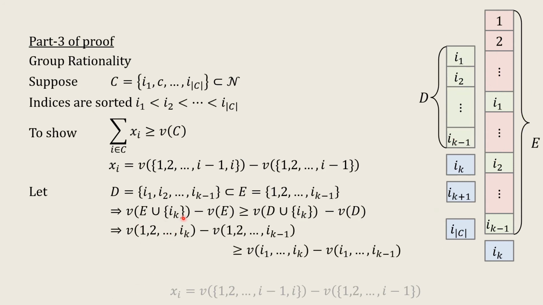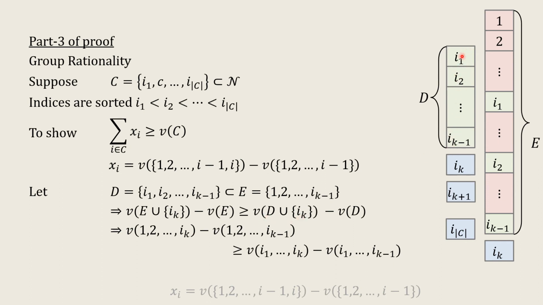Replacing I with I sub k, I have this expression right here. Now, on the left-hand side of this inequality, I have V of E union ik. E union ik contains all of these agents, including the blue one, ik here, minus V of 1 through k minus 1, that's value of E here, greater than or equal to value of D union ik.